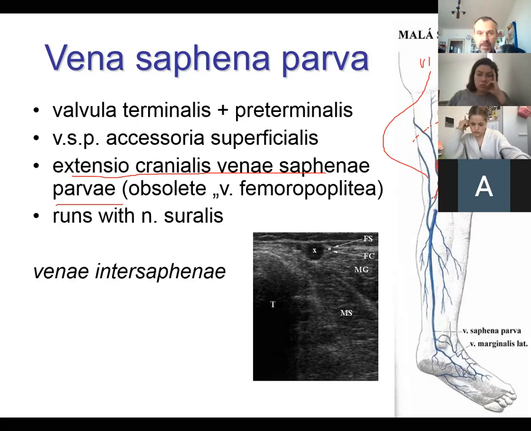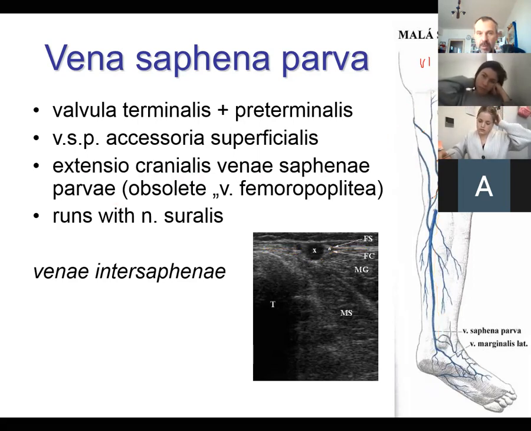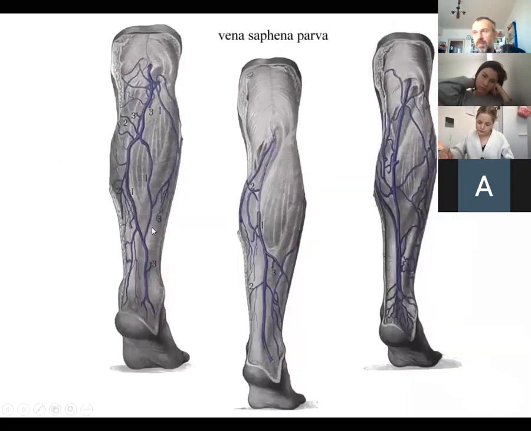It runs together with the sural nerve, which is very important for neurosurgeons, as the sural nerve is harvested for nerve transplants. And again, you can see here the vein and 2 fasciae. So not so nicely, but still the Egyptian eye is visible. So that's for the small saphenous vein.